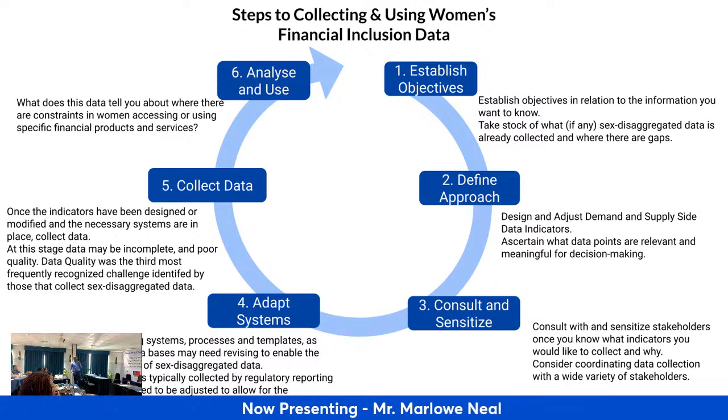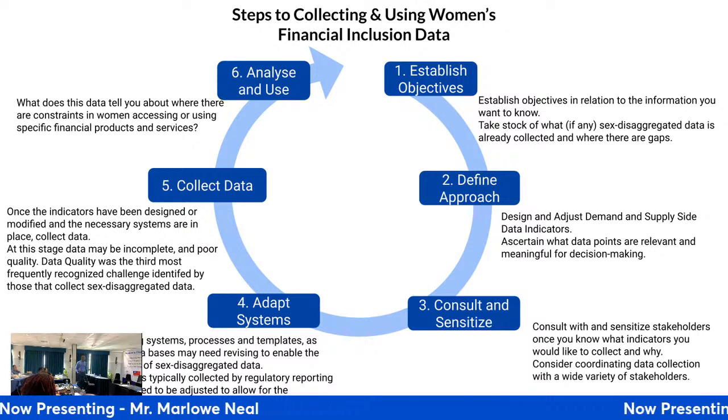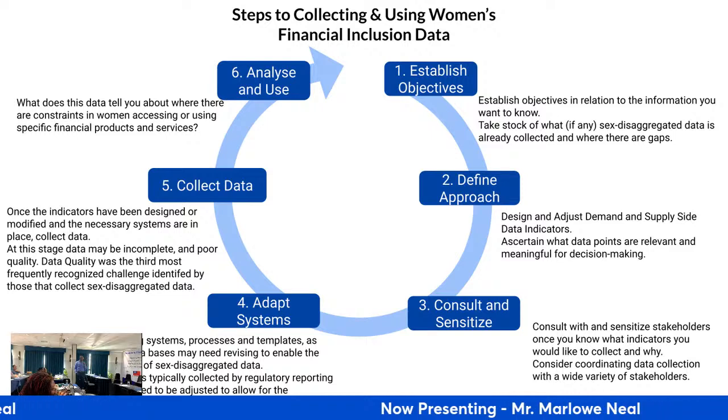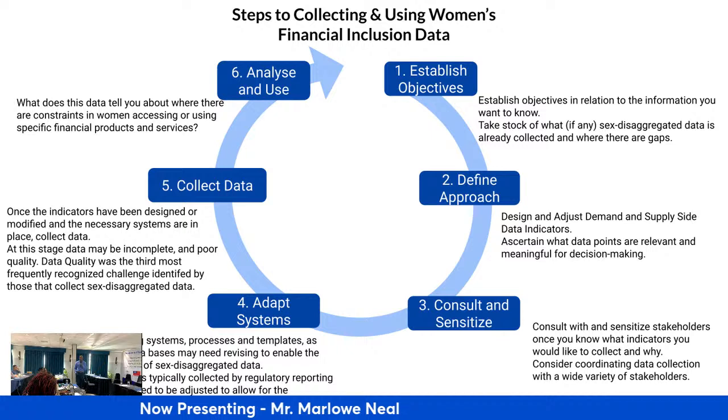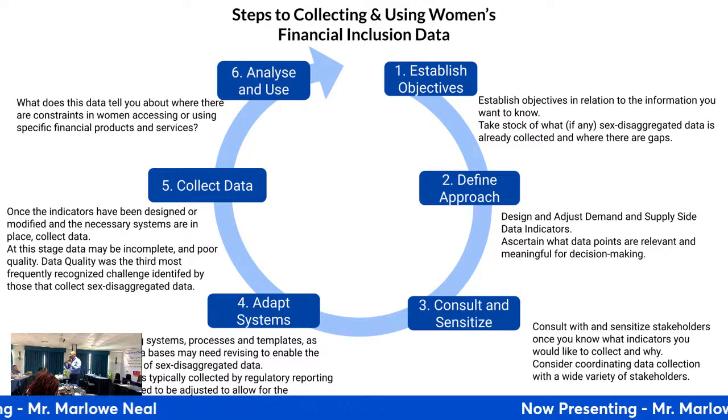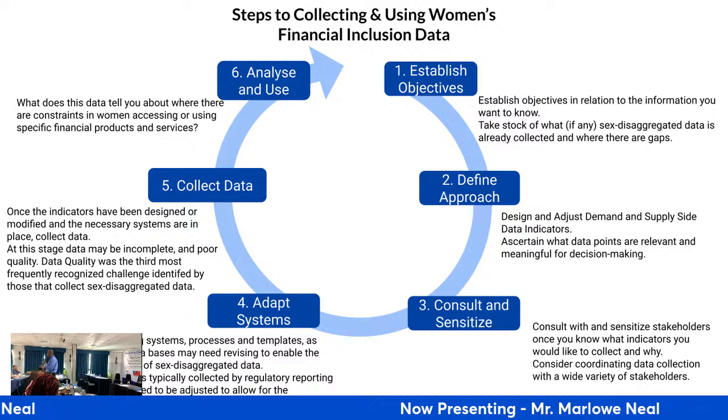So then we collect and we analyze and use the data to ask ourselves, what does the data tell us about where there are constraints in women accessing or using specific financial products and services? And after we go through the cycle, then we can start to look at product development and implementation and actually intervention.